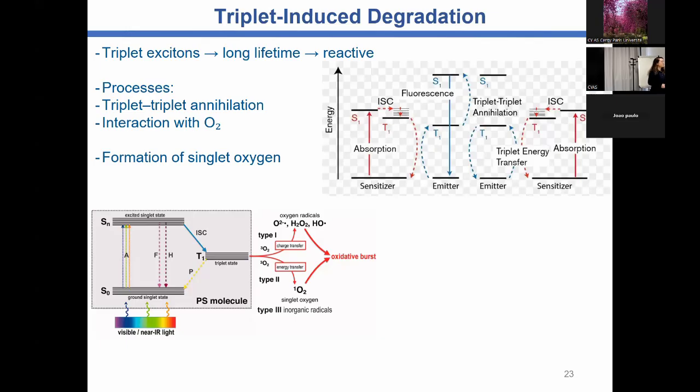This triplet state has a longer lifetime. So in this way, it can interact with the oxygen, causing some singlet oxygen, or also inducing some oxygen radicals, which are very oxidative. So how we can assess this triplet, or how we can overcome this triplet, is also one issue to address.